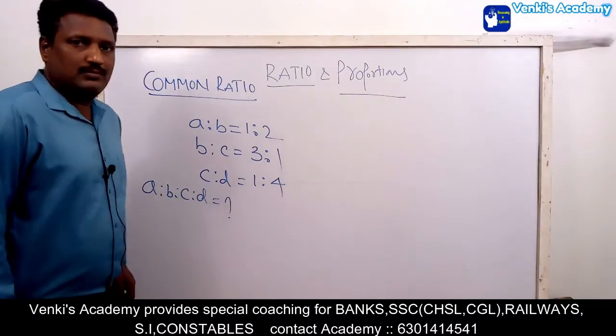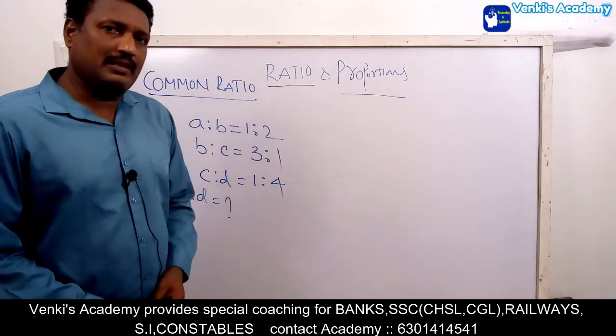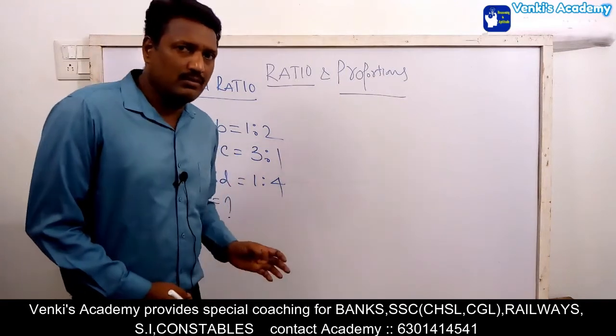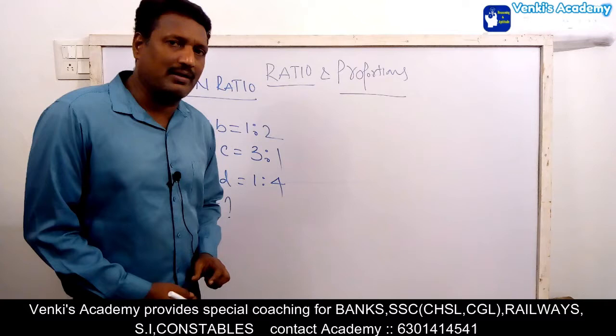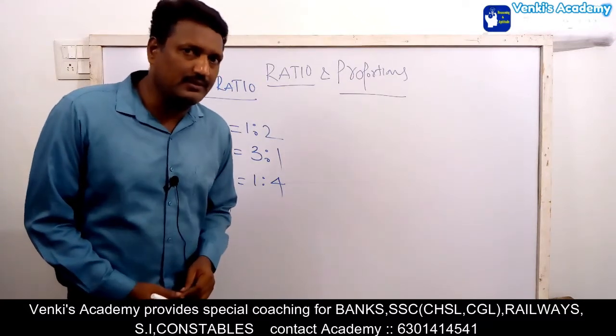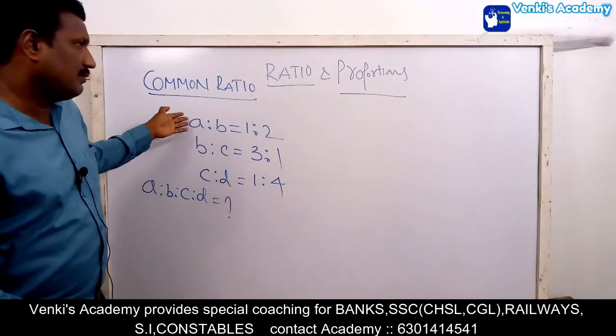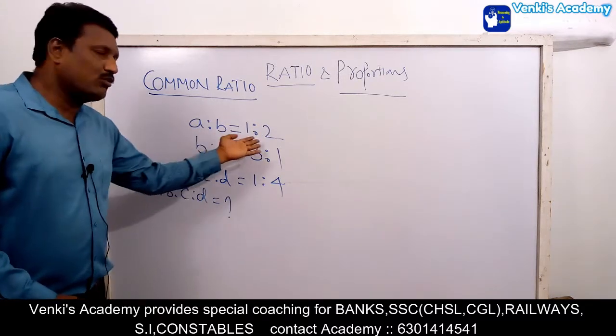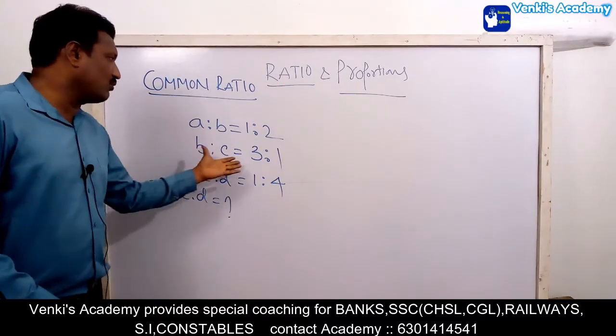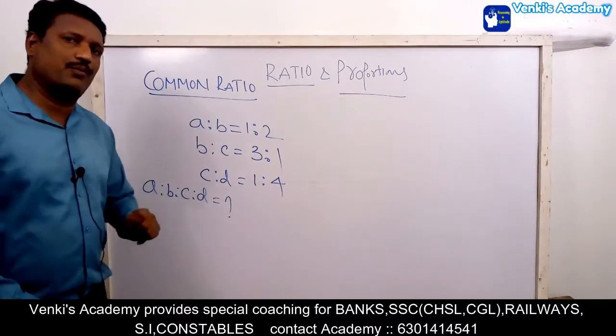Now we are going to discuss the common ratio again. Just before, we took two ratios and made a common ratio. Here we are given three ratios. See, A is to B equal to 1 is to 2. B is to C equal to 3 is to 1. C is to D equal to 1 is to 4.